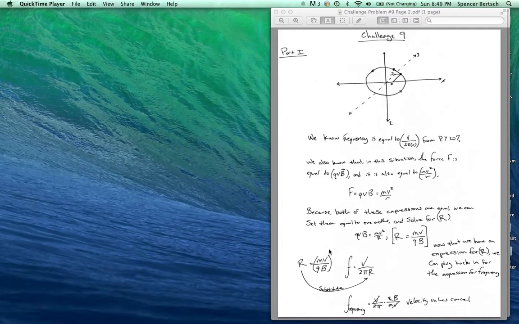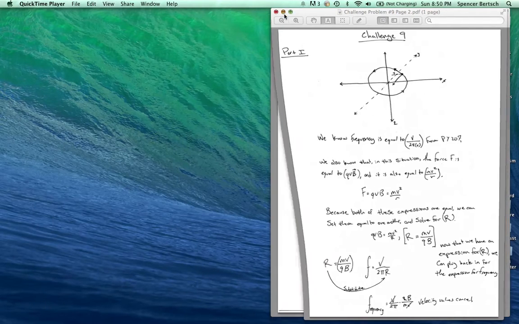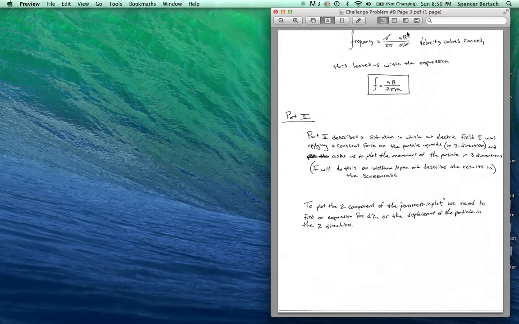So once we have the expression for the radius in terms of mass, velocity, charge, and magnetic field, we can plug that in. The frequency is equal to v over 2 pi times qb over mv, and the v's cancel, which leaves us with this expression right here, which is really nice because it's so simple.